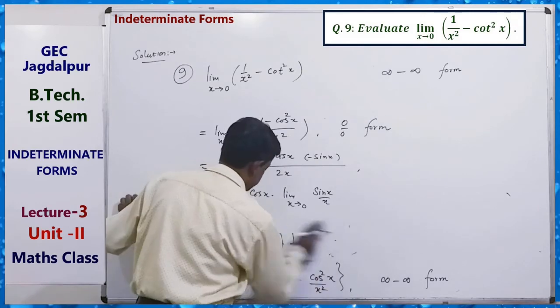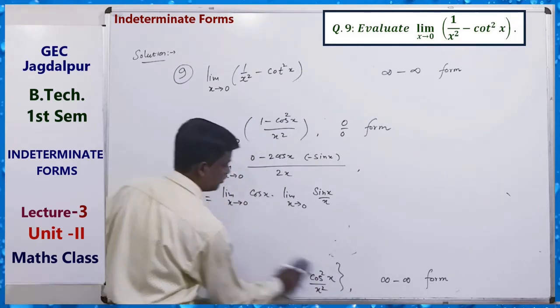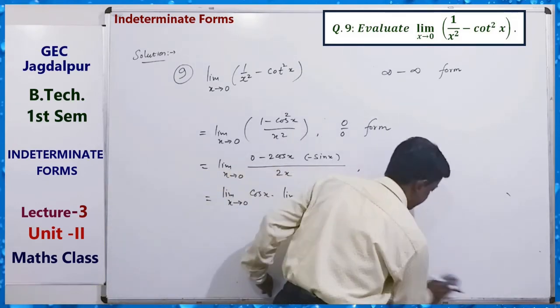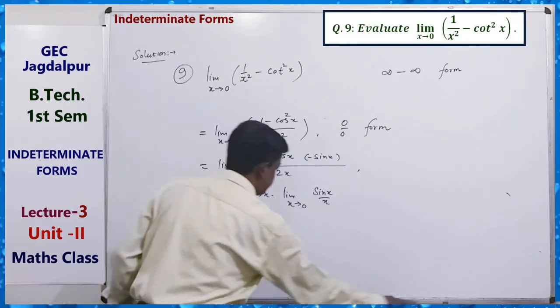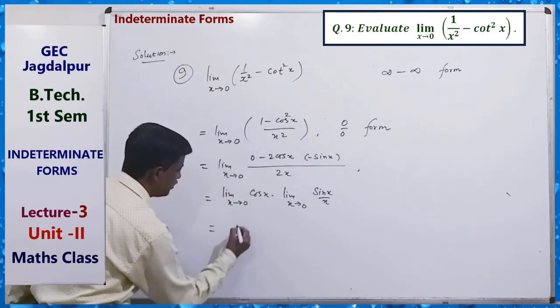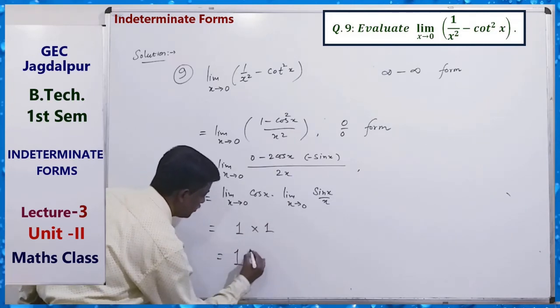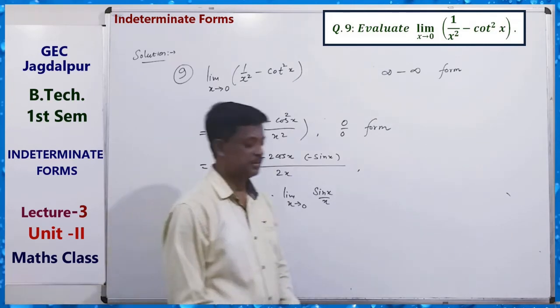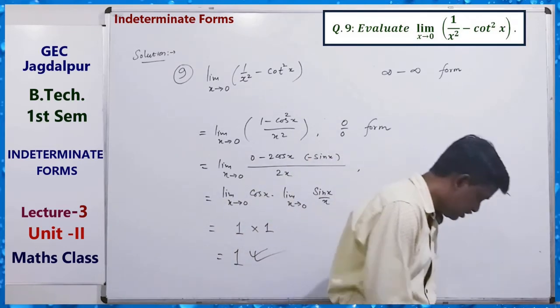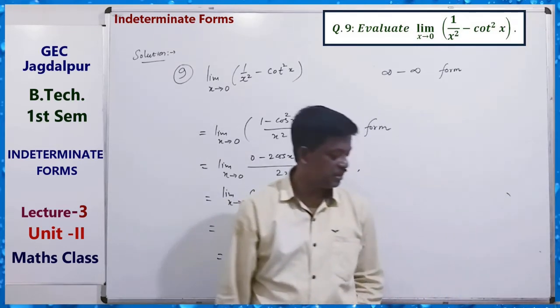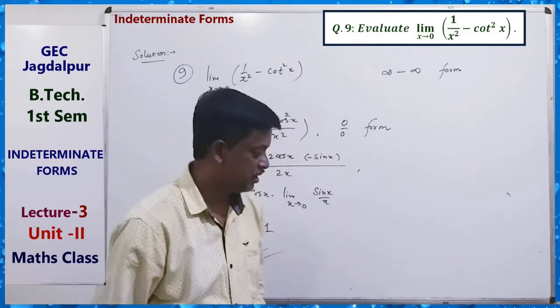Just 1. The value is 1 into 1 equals 1. So this is the answer. Of which format is this? Infinity minus infinity form.